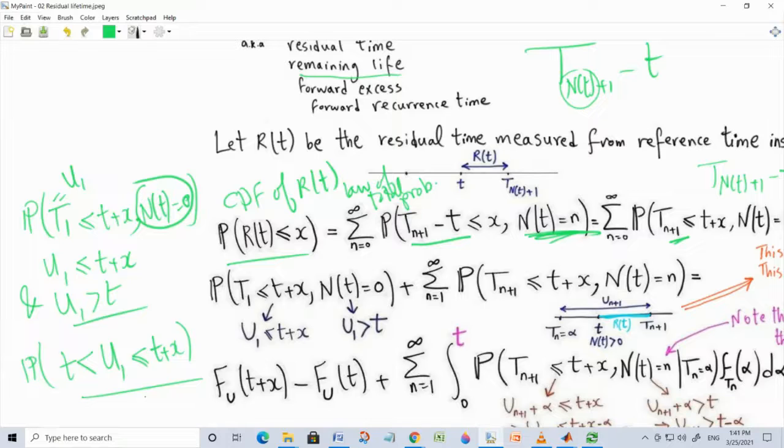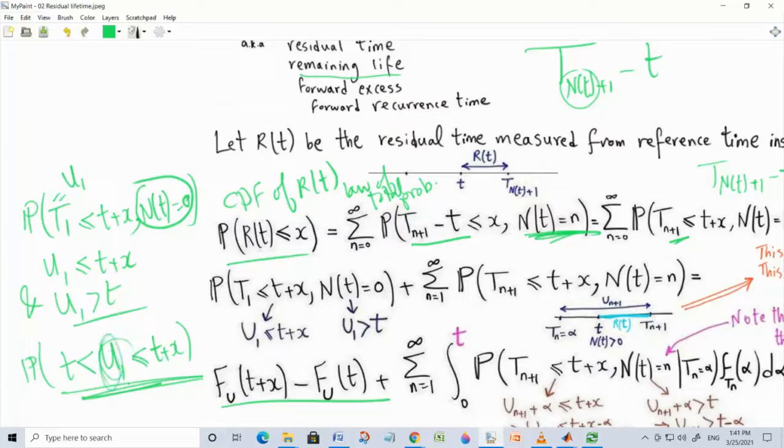So basically the event that we have here is that the first arrival is strictly greater than t, but is less than or equal to t plus x. This event means that basically the residual time is less than or equal to x. So the residual time will be the time between t and the time of the first arrival. And because N of t is 0, it must be the case that big U sub 1 should be strictly greater than t. And so this probability can be written in terms of the CDF of the inter-arrival time, and specifically, it is big F of t plus x minus big F of t.